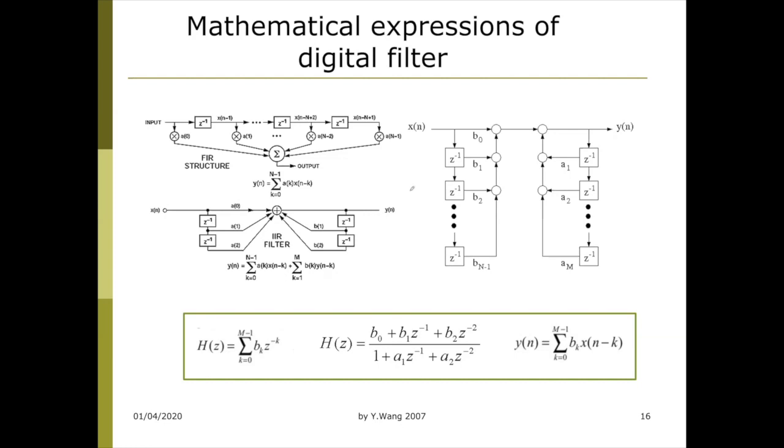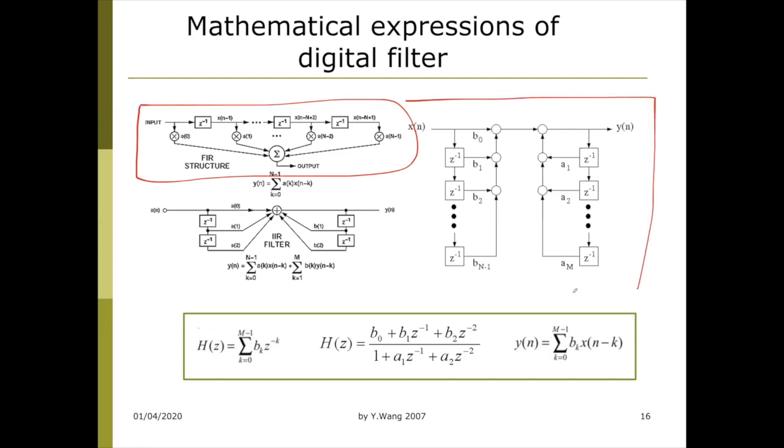So the digital filter can be expressed in a different way. Normally it can be expressed as a structure diagram, or signal flow diagram. Those diagrams were very good in the early days for implementing digital filters in hardware form.